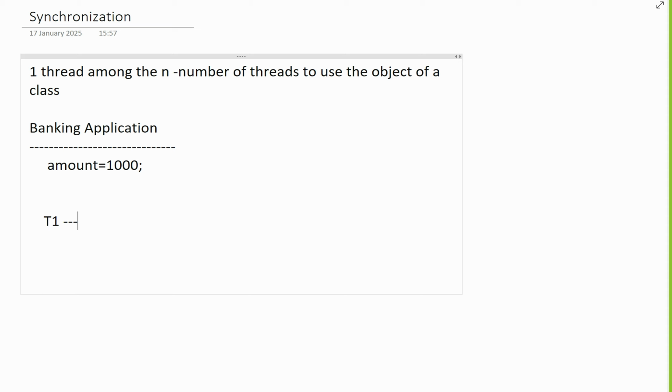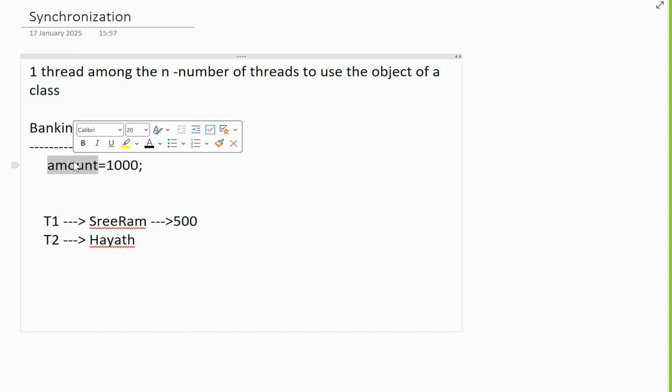Let me give T1 the thread name Sriram, and T2 thread as Hayat. These are the two threads which want to perform a deposit operation on this bank account variable, which is nothing but amount.